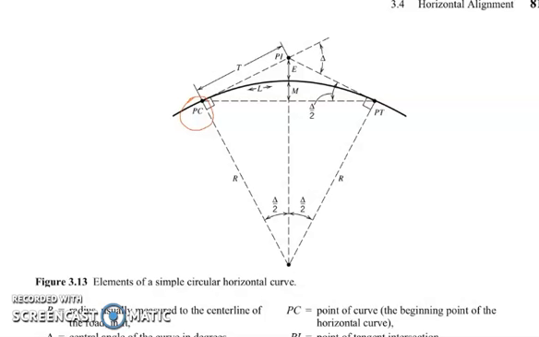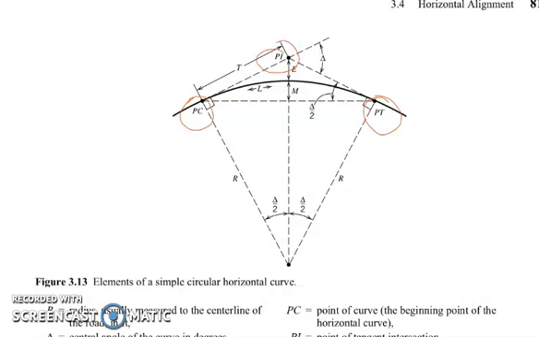Actually, that is the end of the horizontal curve. If we draw a tangent line from the beginning of the curve and at the end of the curve, there is an intersection, which is what we call P sub I. So that is the point of tangent intersection.